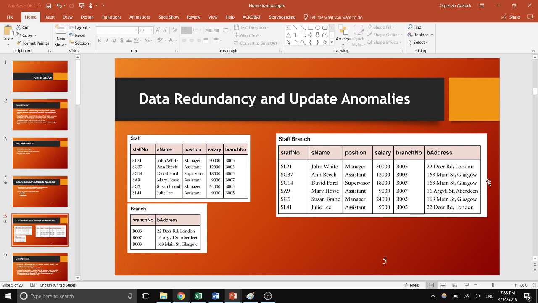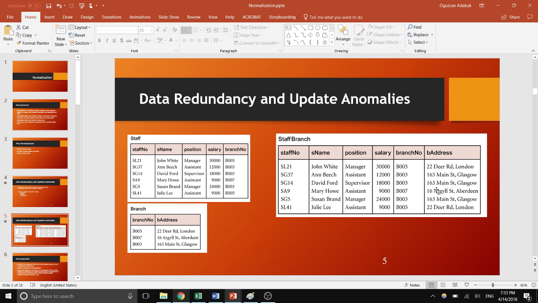On the other hand, a deletion anomaly would be this: if you look at branch 007, there's only one person, Mary Ho, working at branch 007. Let's say Mary Ho got fired, and this row is deleted from the database. Now you lost the branch number and the branch address. You lost that data.